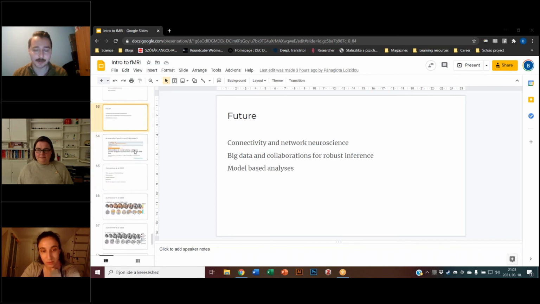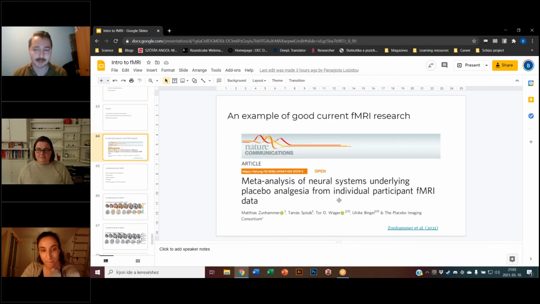It's this article by Zulham and colleagues, which investigates the neural effects of placebo analgesia. So when people are given only verbal instructions as a form of pain relief, and there's no actual procedure done, they wanted to see whether this actually did decrease the response to pain in various brain regions, and they showed that it did, and moreover that this correlated with self-reported pain across 600 people, because this is a meta-analysis, so it's fairly robust.